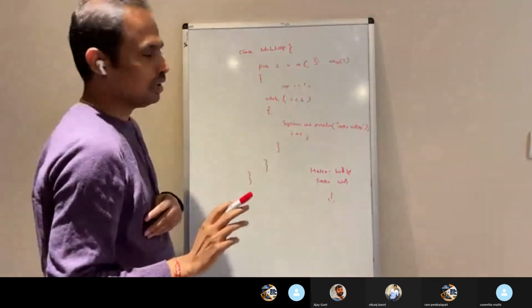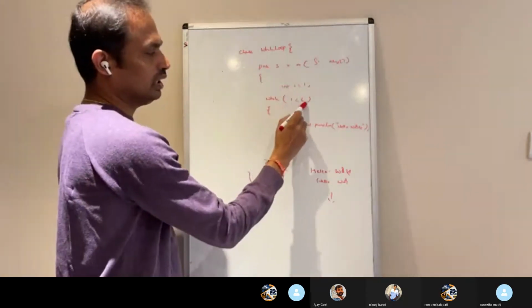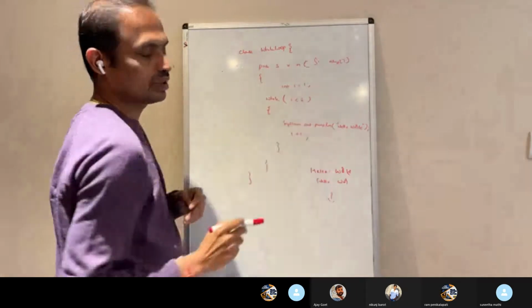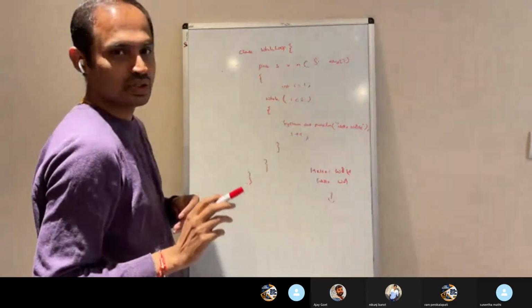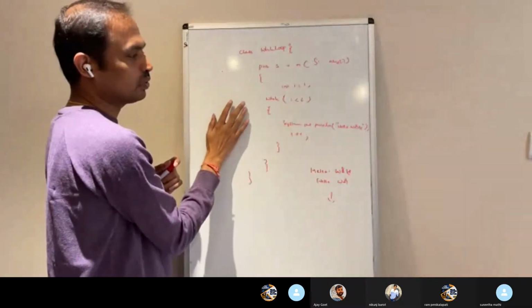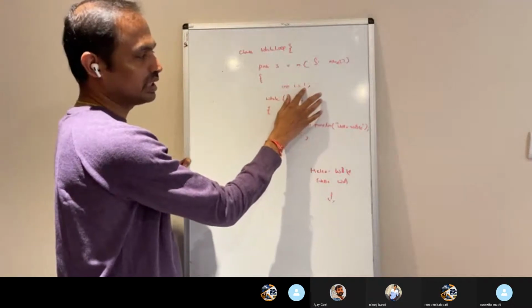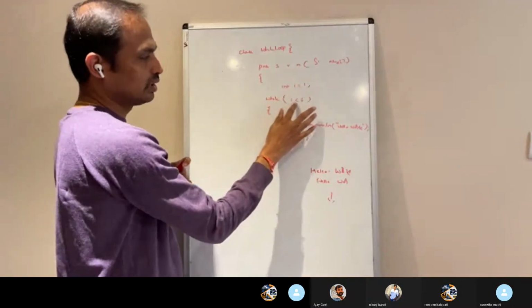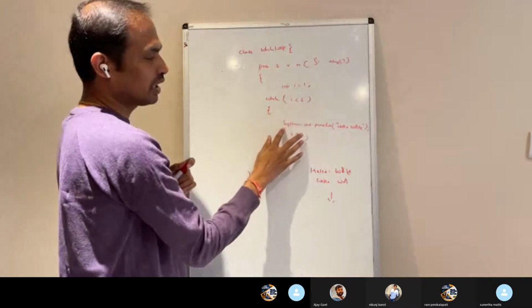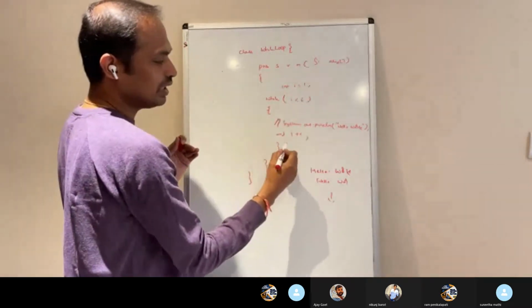I'll give another example later for when you don't know the exact number of iterations. For now, this is a simple example to understand how the while loop works. First we initialize the value, then write the condition in the while, then the statement to print, and then the increment.